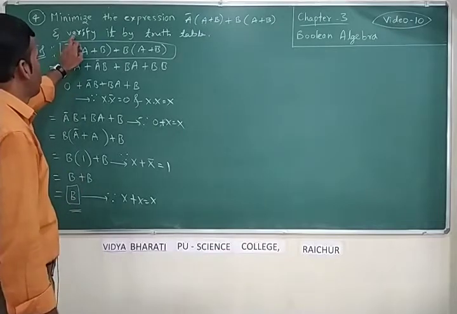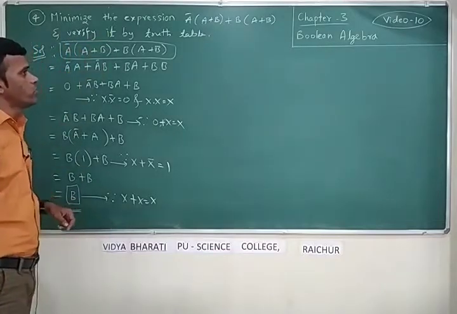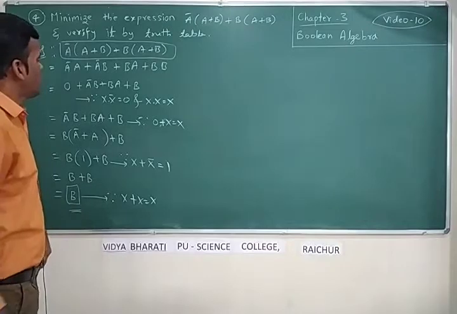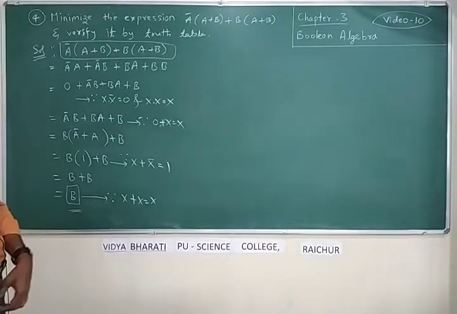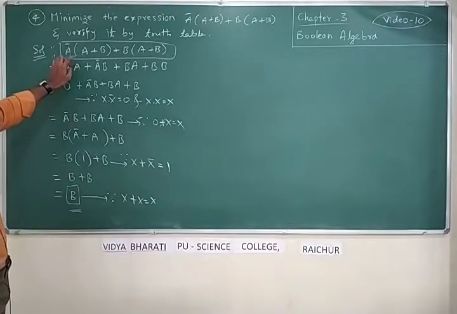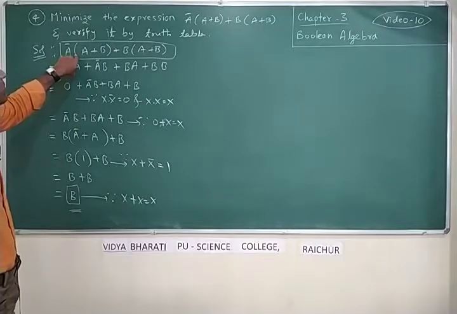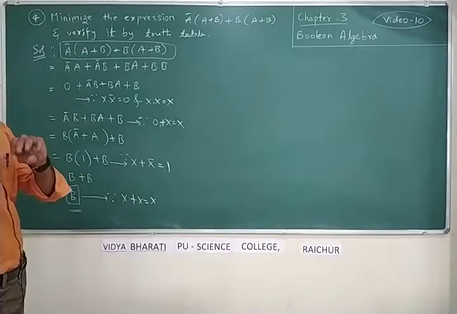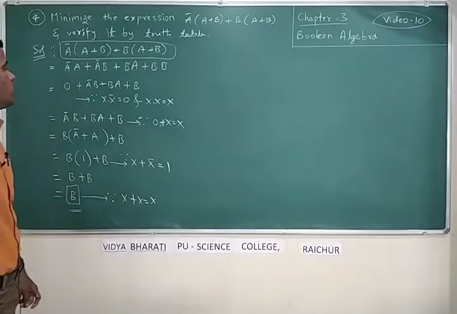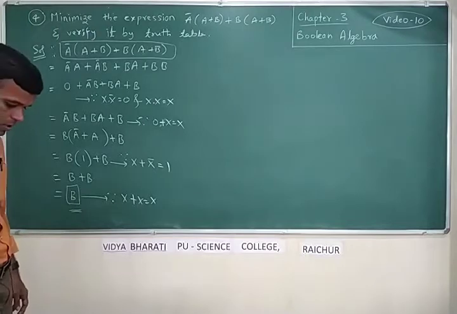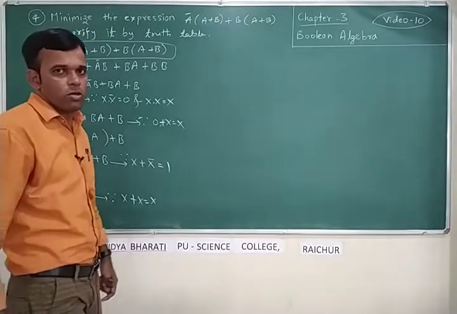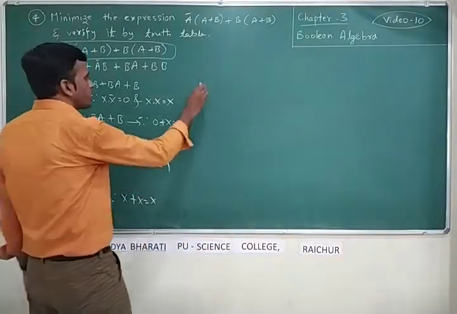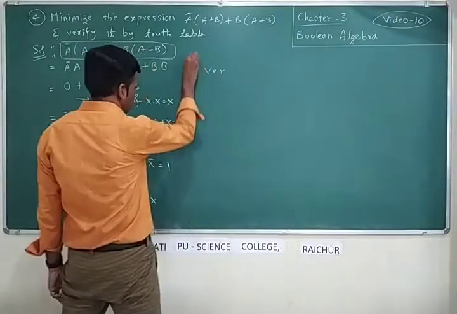So we go for the verification by using truth table. So for that, first we have to observe the total number of different variables in the given expression. So we are having totally 2 different variables, so we'll get 4 rows. Because we are going to get 4 possible combinations of zeros and ones. Okay, so verification.